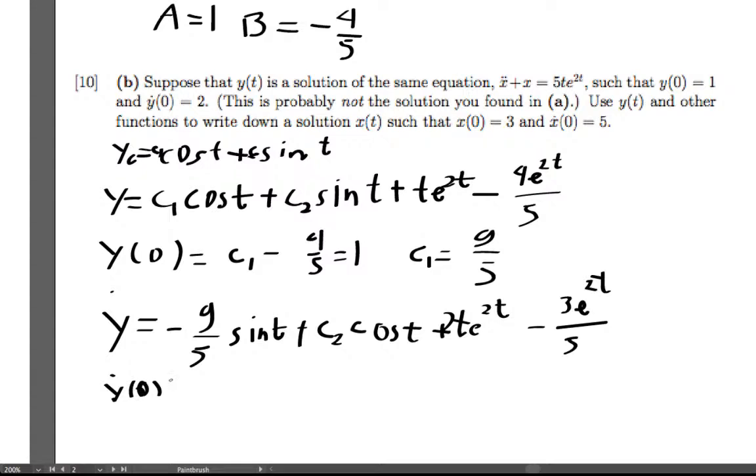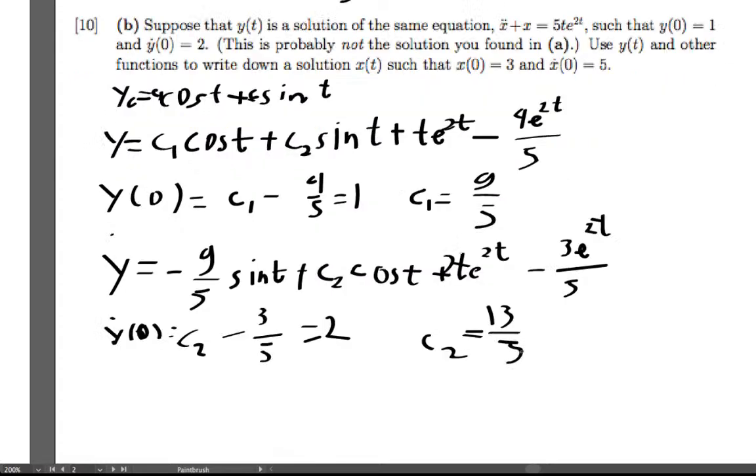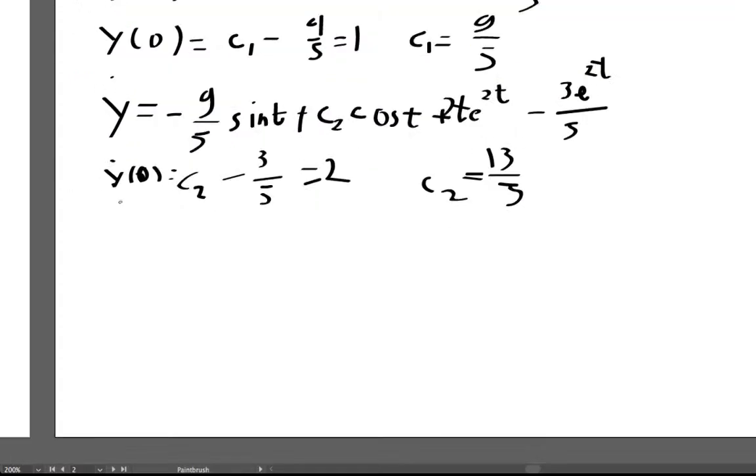So that will be c2, subtract 3 over 5 would equal 2. Therefore, I know what c2 is. That would equal 13 over 5. Good.